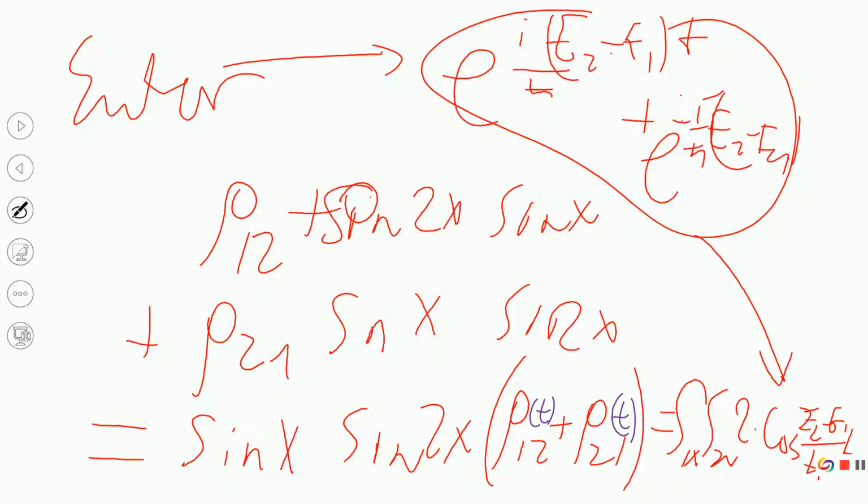Because the sine parts of each exponential will cancel. So each term will determine the diagonal term. This expression will be just the cosine of the energy difference times time, multiplied by this function, which half of the period is positive, half of the period is negative.